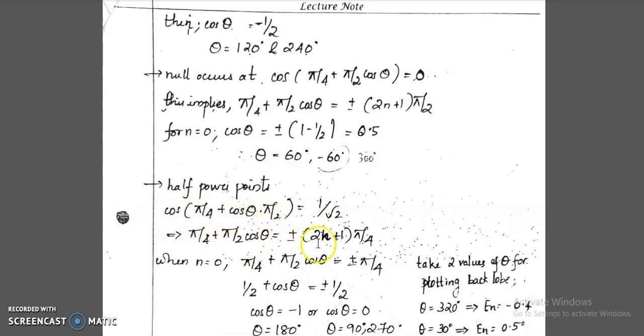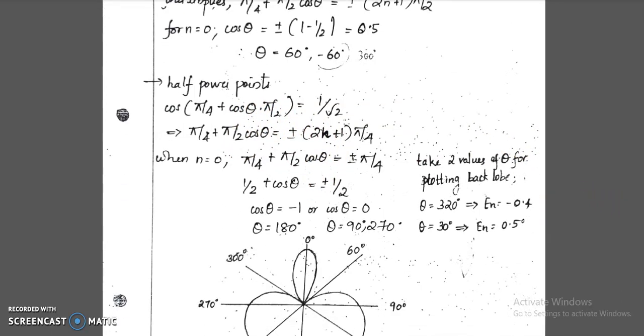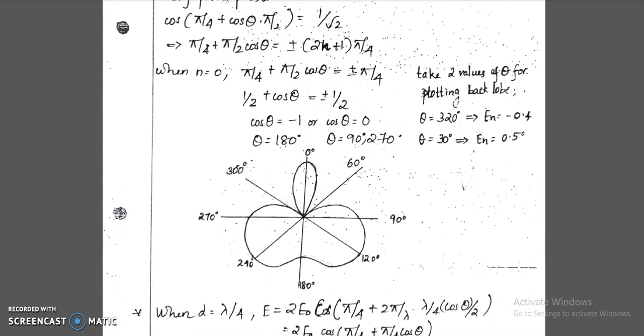So you will get theta is equal to 180 degrees, 90 and 270 degrees. So you will get the maximum value at 240 and 120, and the null points at plus 60 and minus 60. Minus 60 is 300, and half power points at 180 degrees, 270 degrees and 90 degrees.